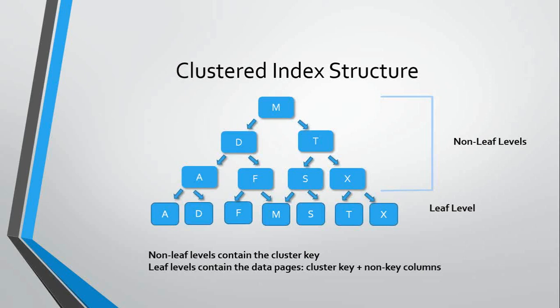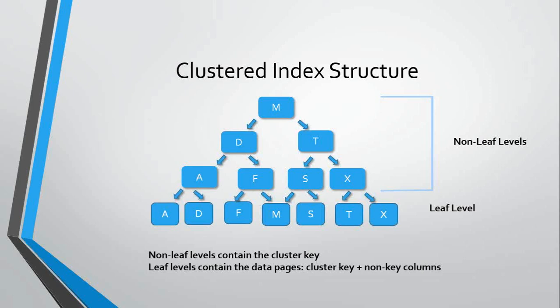So basically what this means is that in the non-leaf levels, what we have there is what's called a clustered key. So when I create a table and decide I want a clustered index on it, which is going to be 99% of the time, I have to decide on a cluster key.